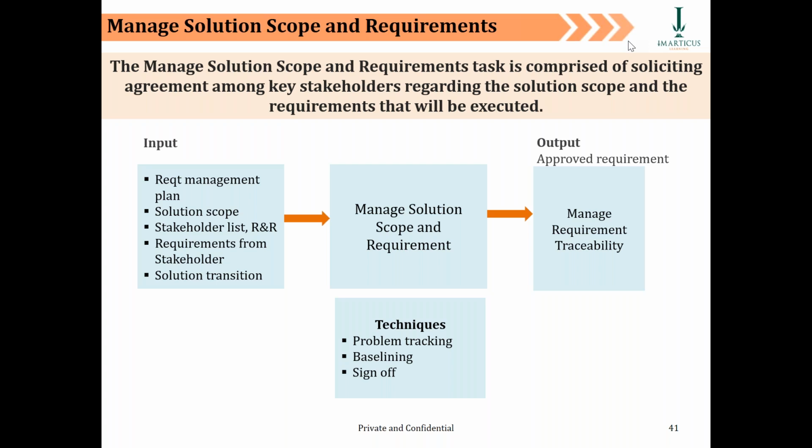Okay, so approved requirement is an expected output, and typically the techniques you may use to manage your solution scope are problem tracking and, most important, baselining. You remember that, right? The potential mitigation tool, weapon, defense mechanism to make sure that you're within the boundary of your project scope. Baselining, right?